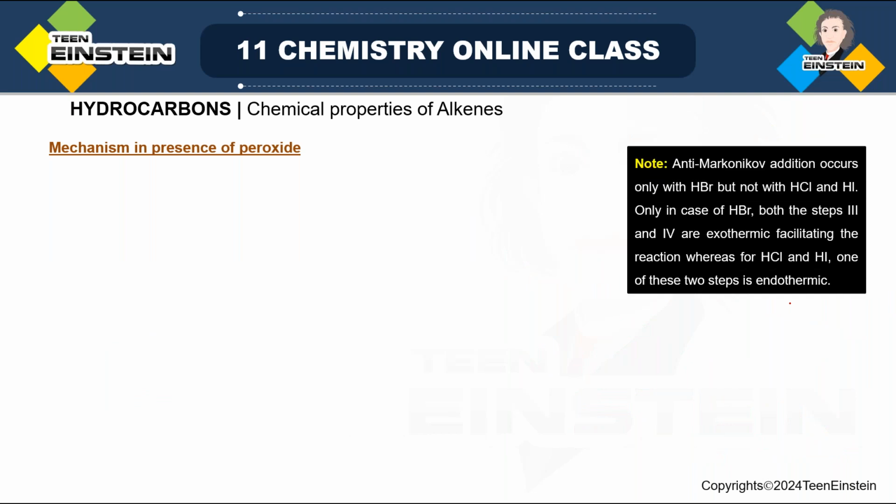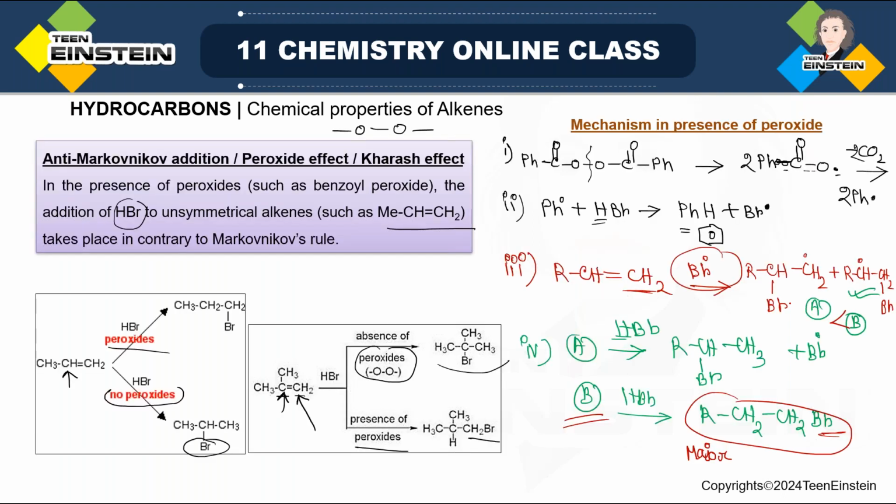So the mechanism of peroxide we have already seen, but here one point, as we have already mentioned in the previous slide, that this is only applicable for HBr. But why is it only applicable for HBr? Suppose you are doing the reaction with HI or HCl, and you also have peroxide. Then anti-Markovnikov addition will not take place.